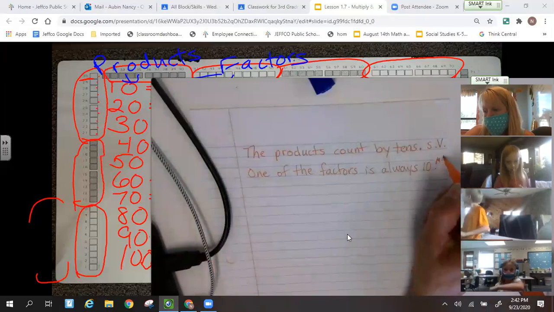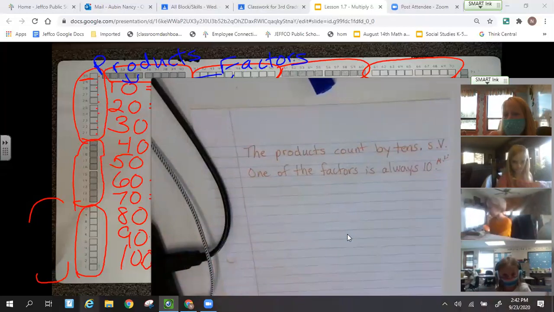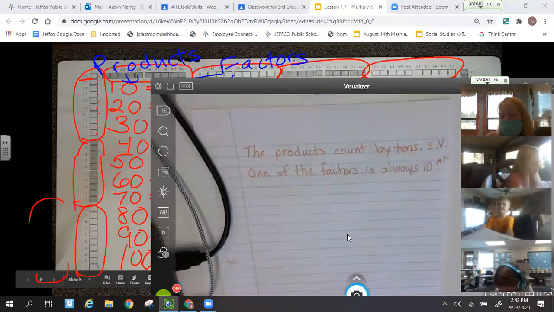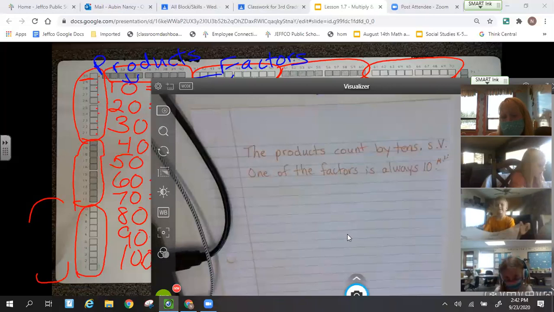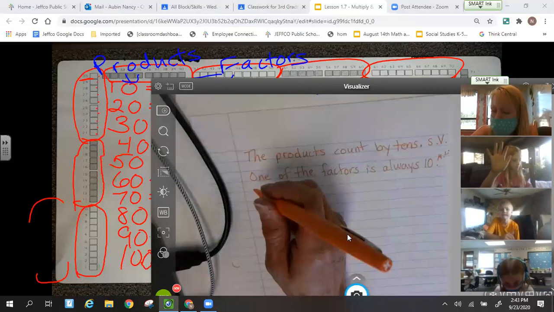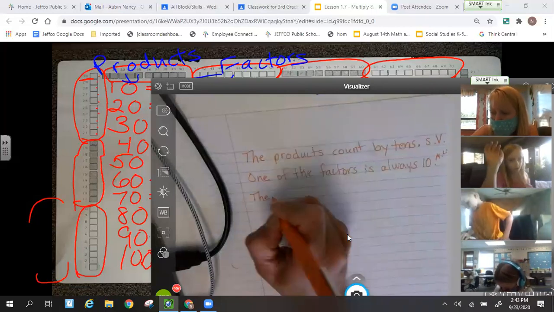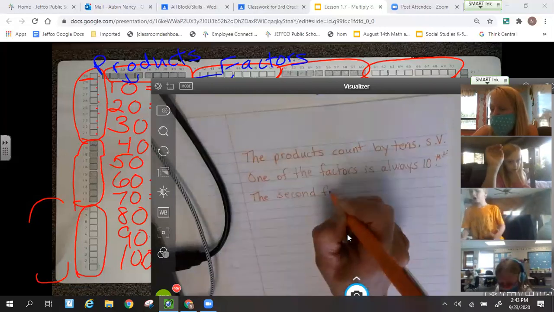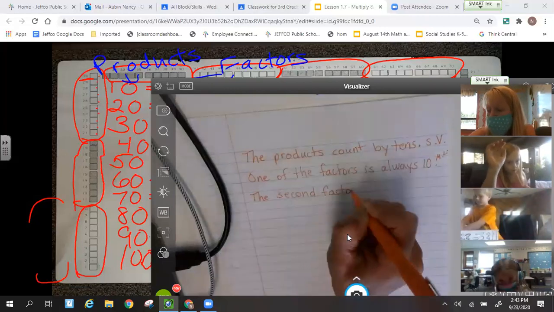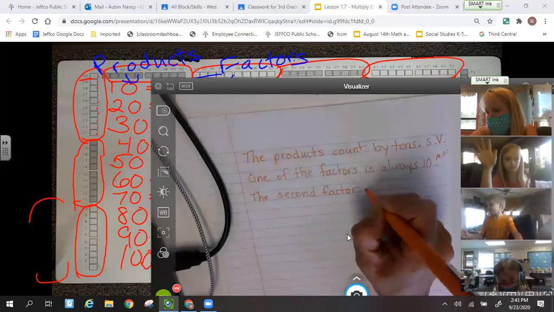All right. Anybody at home want to share a pattern? You can raise your hand. You could write it in the chat box. All right, go ahead, Ellie. The second factor, I love the vocabulary you're using. The second factor counts by ones.